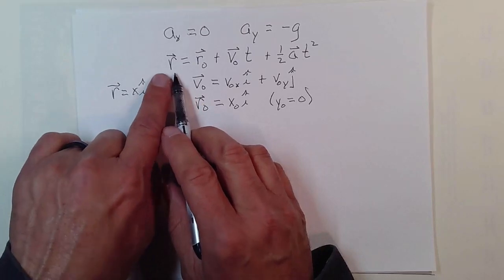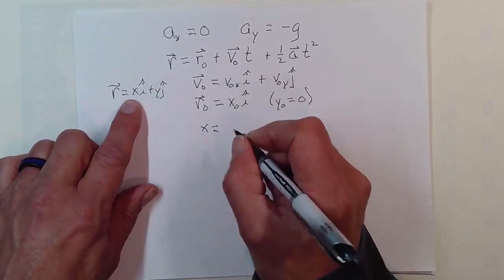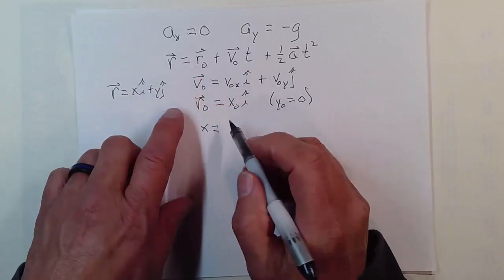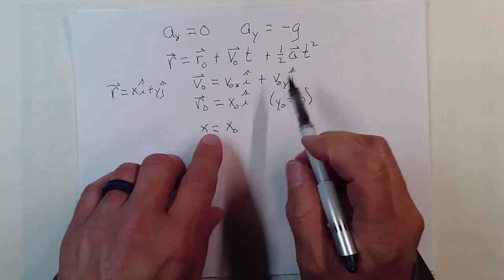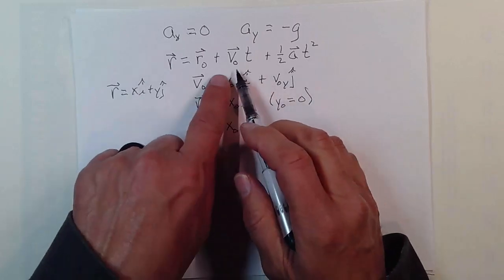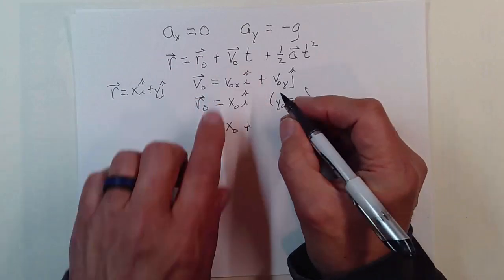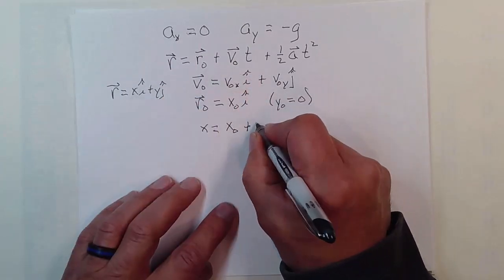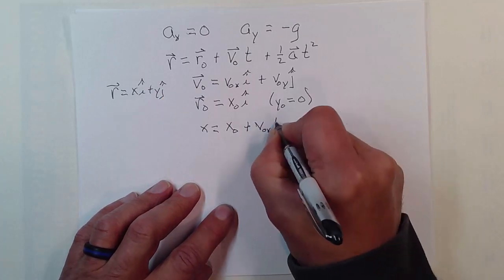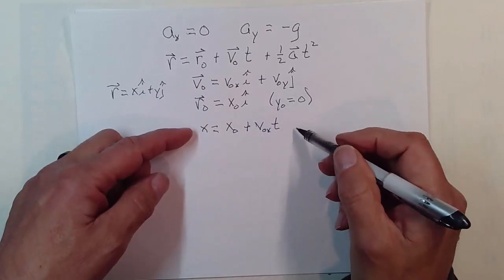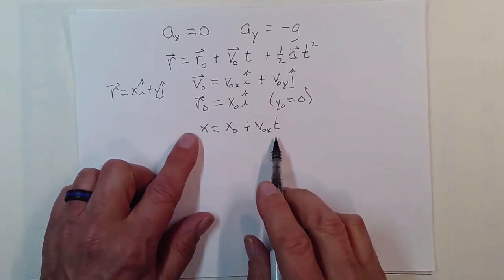Take the i hat part of r, that's just going to be x. Take the i hat part of r naught, it's going to be x naught. Take the i hat part of v naught, that's going to be v naught x, and it multiplies t, as I can see in that equation. There's my x equation.